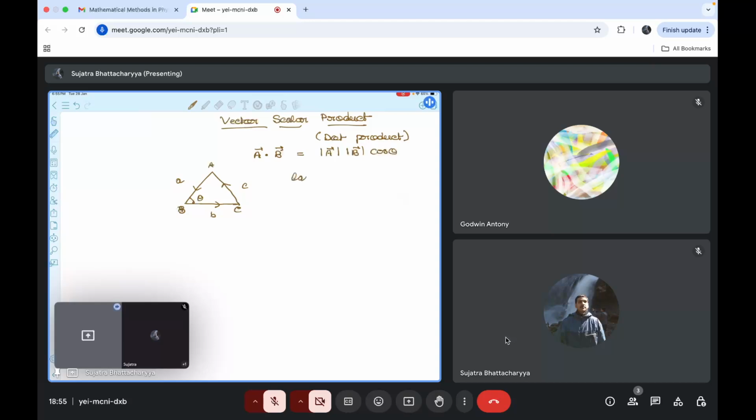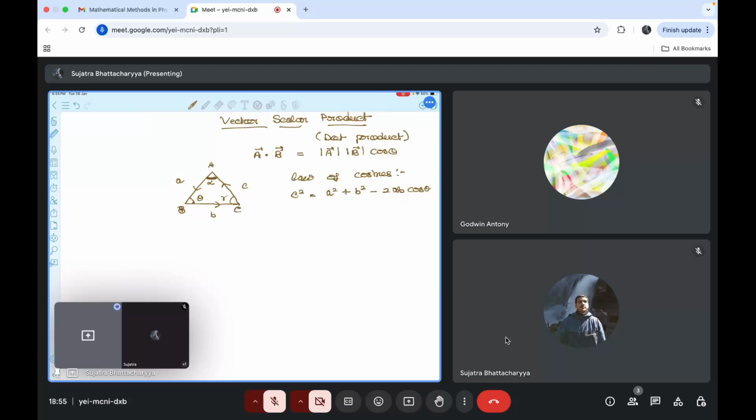Finally, from the law of cosines, this is a completely mathematical law. I just write it. c square is equal to, using trigonometry you can easily derive it, c square is equal to a square plus b square minus 2ab cos theta, if this is theta. If this is alpha, this is gamma, then you can write all the others.